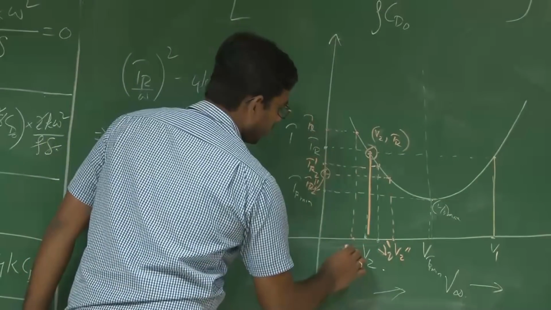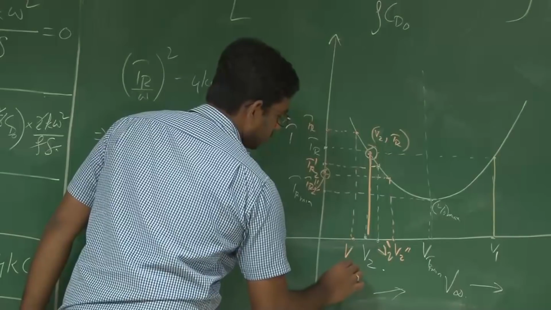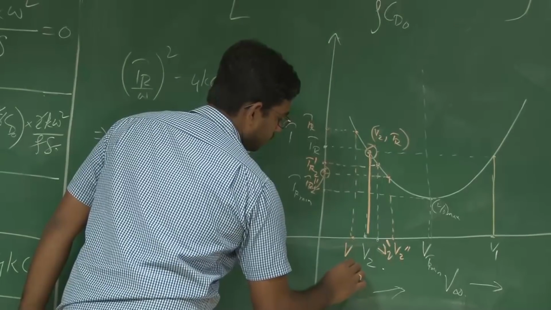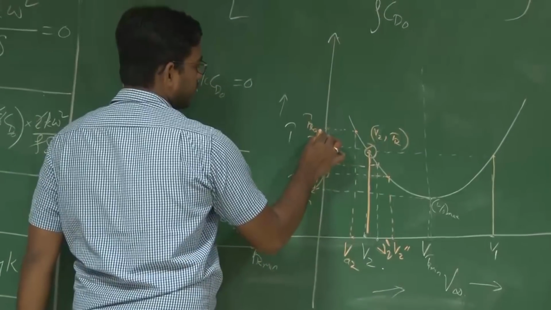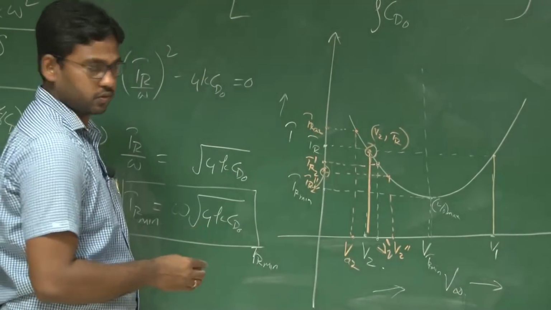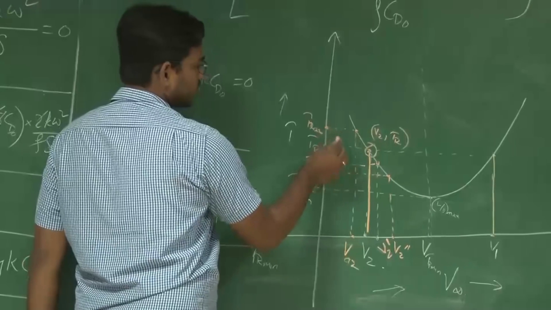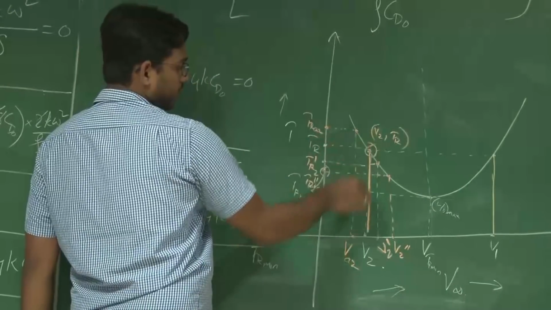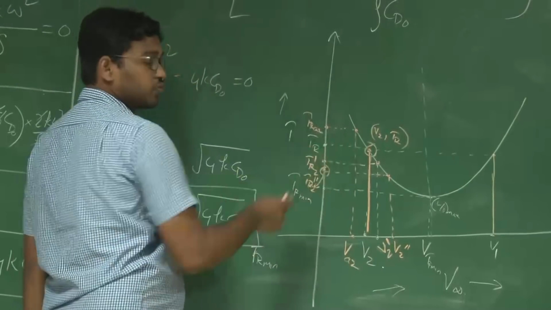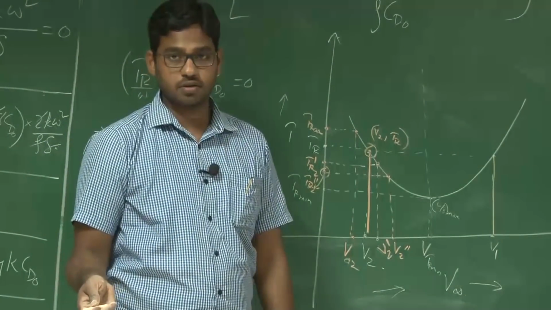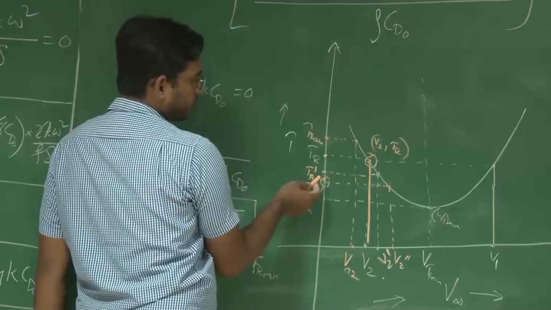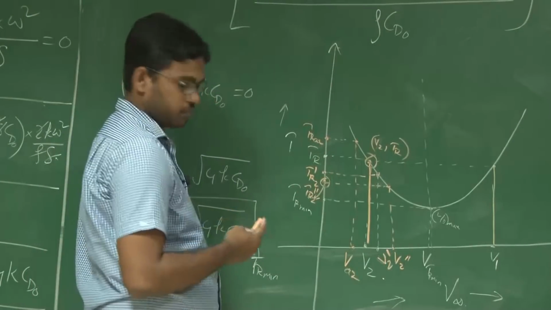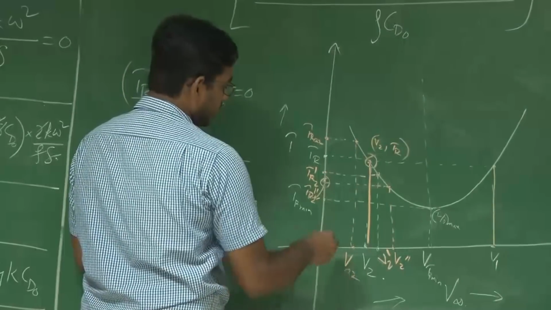Let this point be Va2, and the corresponding thrust requirement is Tra2, right. So at this particular velocity, the thrust requirement has increased, which means the drag of the system has increased, right. Now this increase in drag will decelerate the system. That means the velocity further decreases.